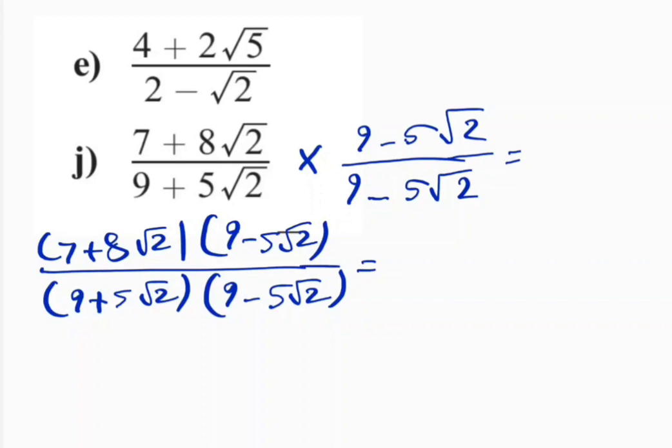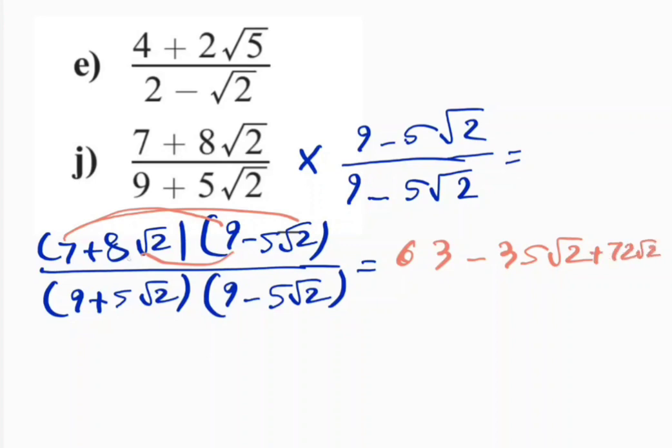Okay, now let's do the expansion. So it's going to be like this: 7 times 9, which is 63, 7 times minus 5 root 2, which is minus 35 root 2. This is 72 root 2, and finally 8 root 2 times minus 5 root 2 is minus 40 root 4.